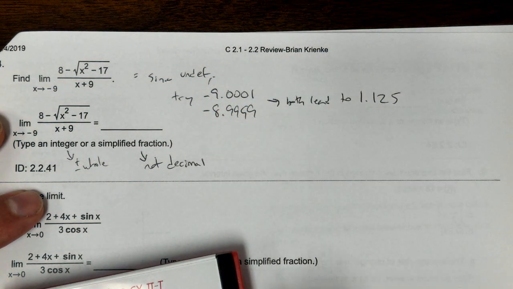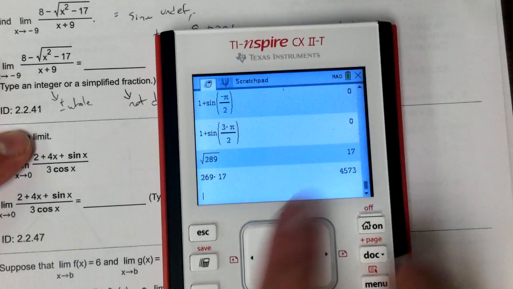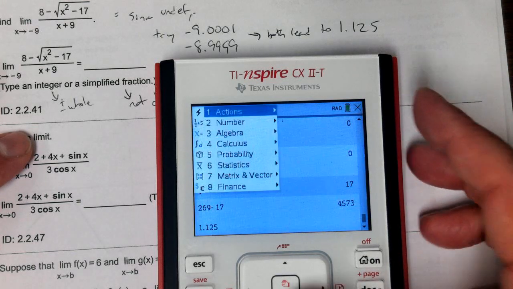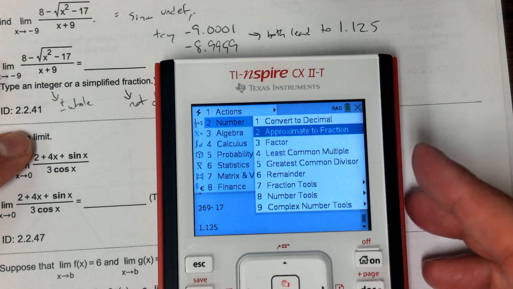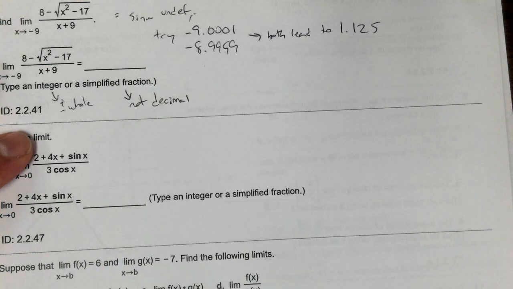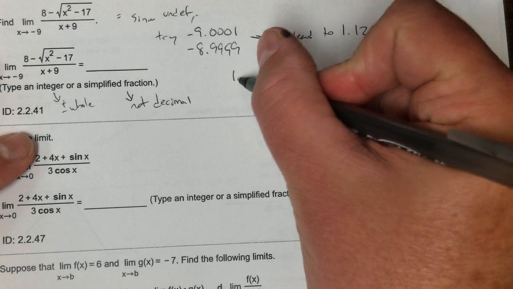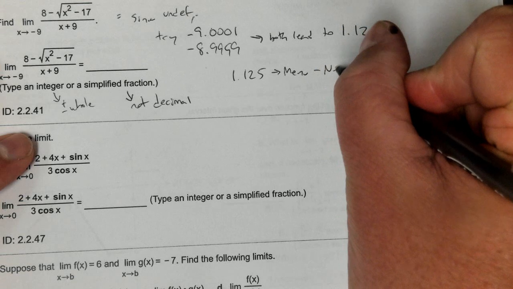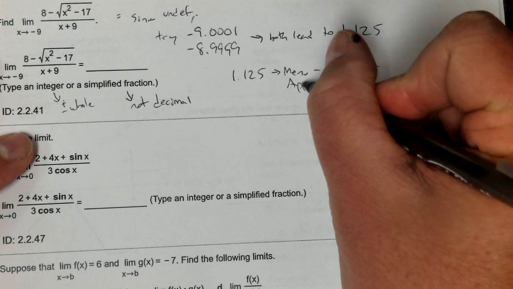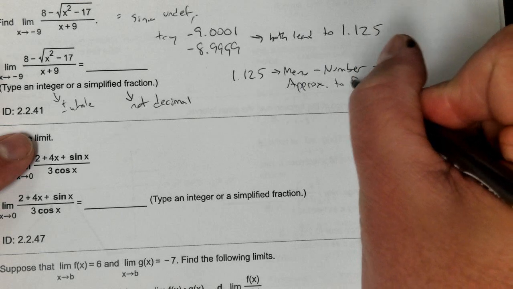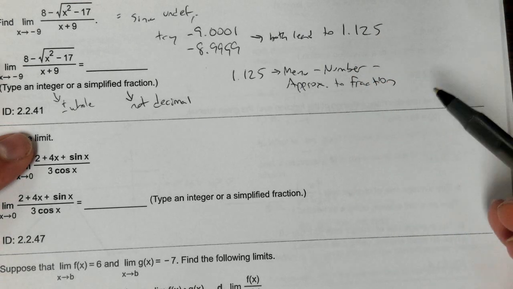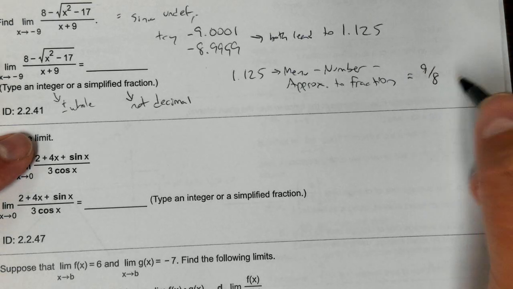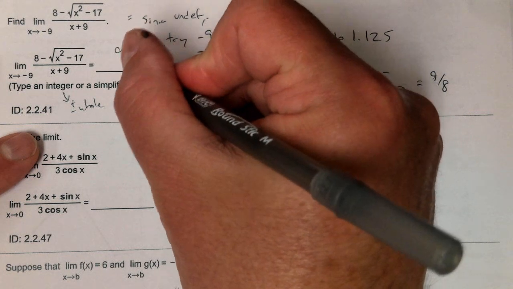So what we're going to do is go to the calculator and put 1.125, menu, number, approximate to fraction, and we get 9/8. And so then 9/8 would be your answer.